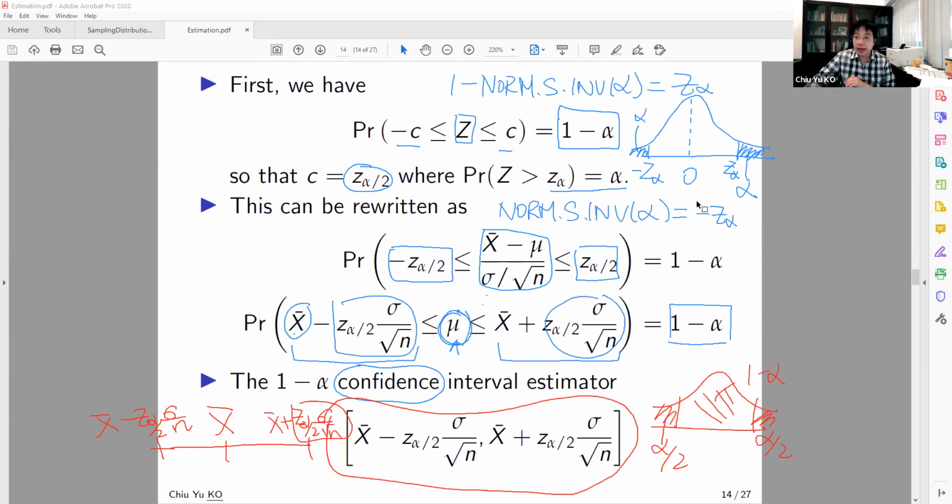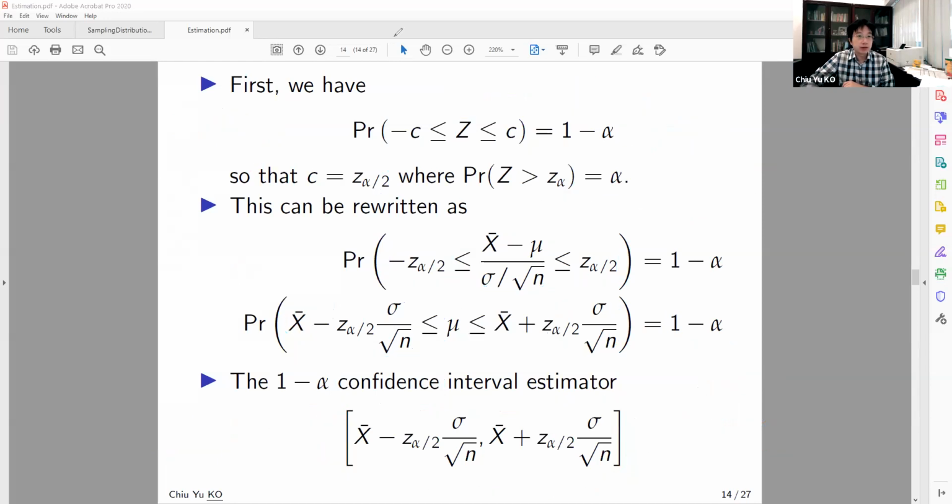Sigma divided by root n, because the sample mean, by the law of large numbers and central limit theorem, is normal. So the standard deviation is sigma over root n. It actually comes from the previous slide.